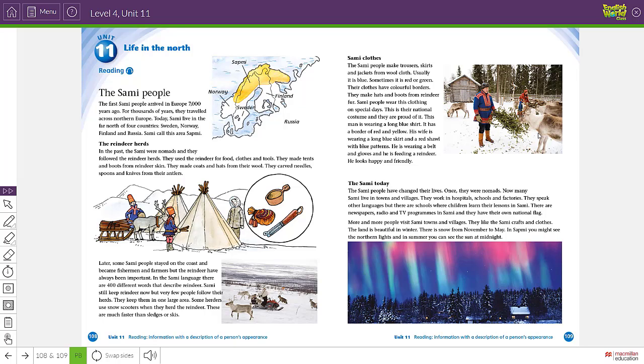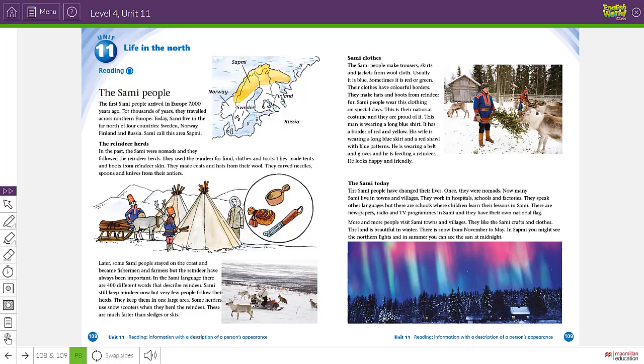And what about the color of their traditional costume? Yes, blue. Sometimes it is red or green. Finally, we talked about the Sami today. Where do they live today? Yes, they live in towns and villages.